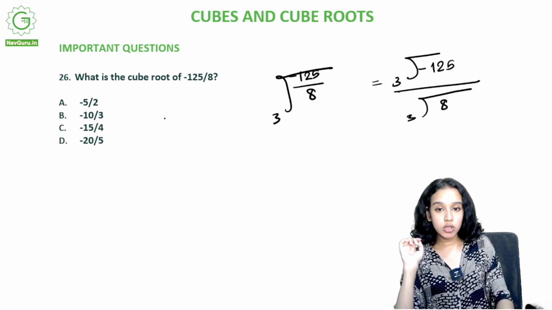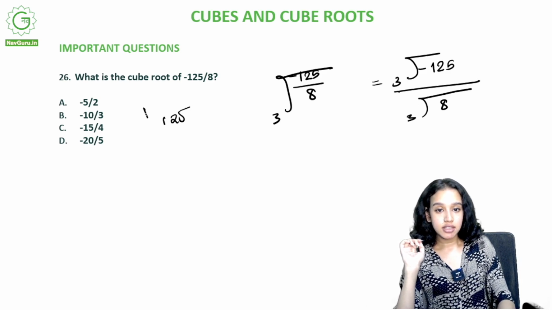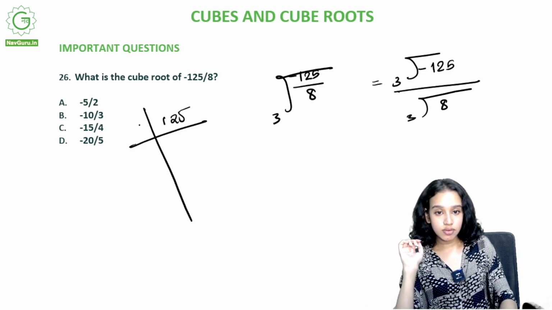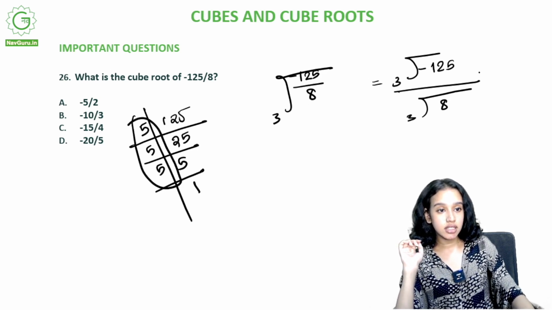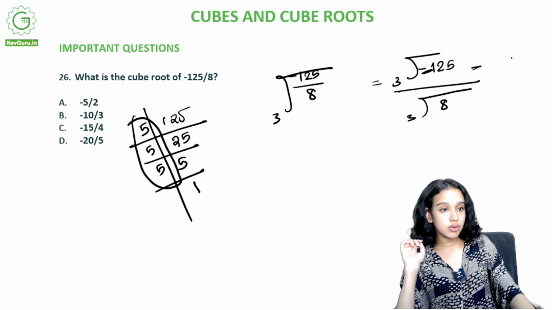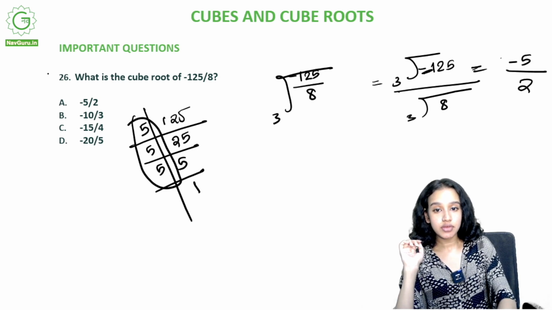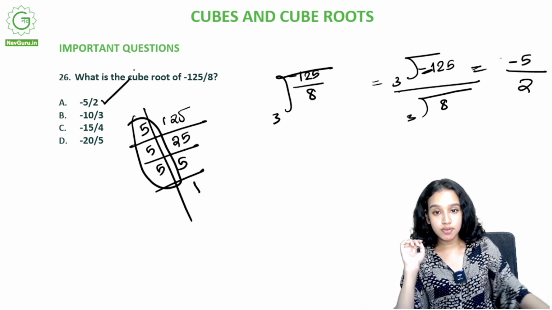Let's see what the cube root of 125 is. 5, 2 5s are 10, 25. 5 again, 5, 5, 1. So we get 5 here, and as it is negative, we get minus 5. Now, what is the cube root of 8? It's 2. So it's minus 5 by 2.